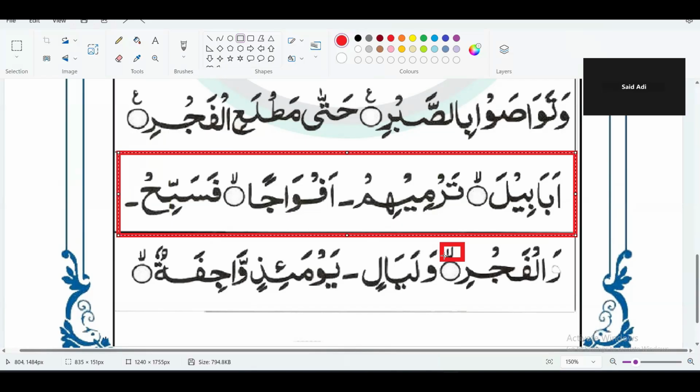But for now, you have to read all of these three verses in one breath. Okay, and then you have the next Lam Alif again. So whatever ayats you want to join, if there is a Lam Alif on it, you can do it, but you have to read within one breath. Got it?